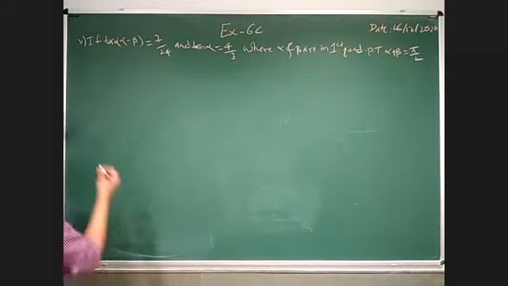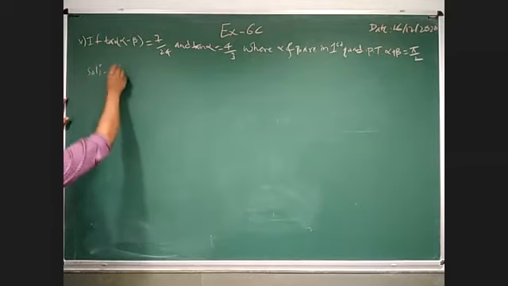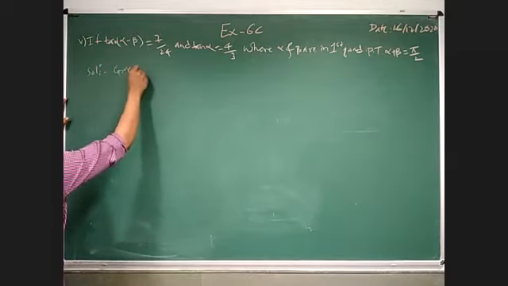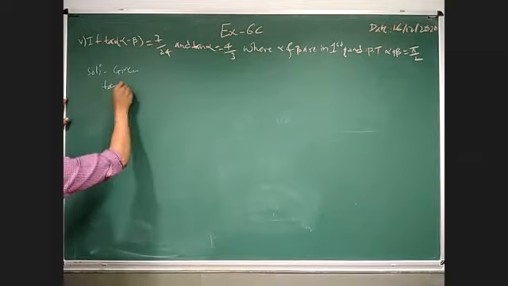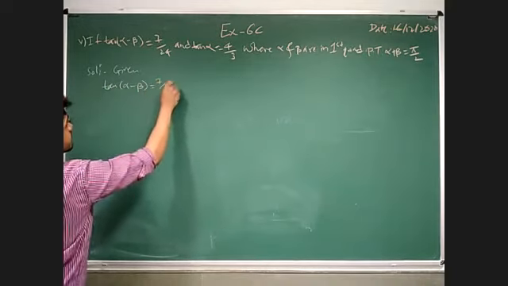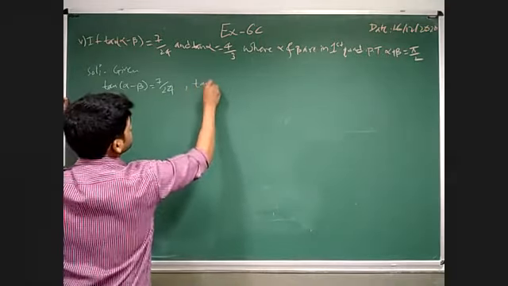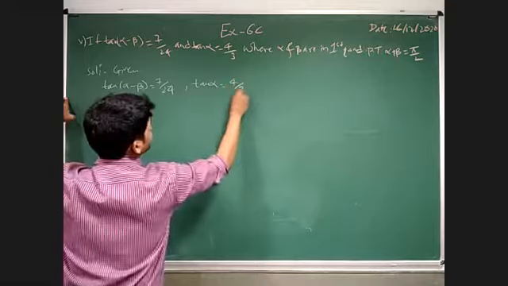Okay, now just see what the given things are here. First, the given part is tan of alpha minus beta, that is 7 by 24, and tan alpha is 4 by 3.